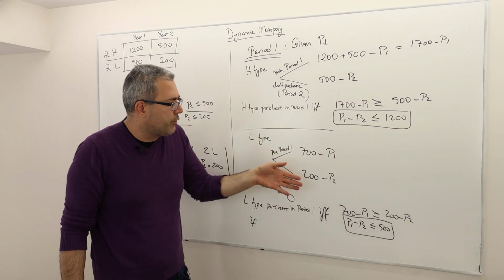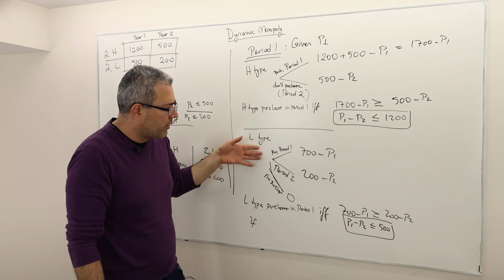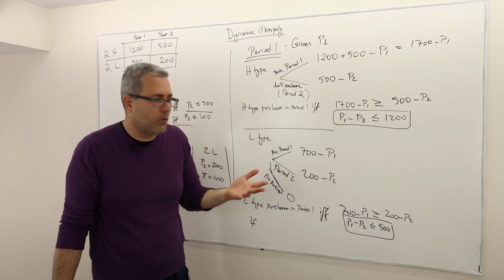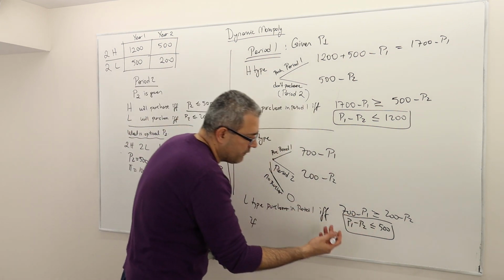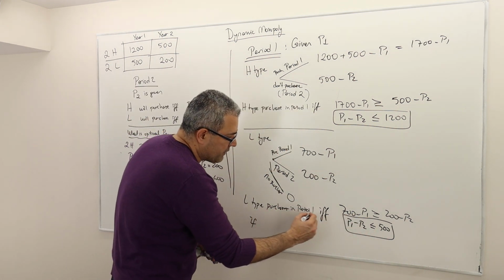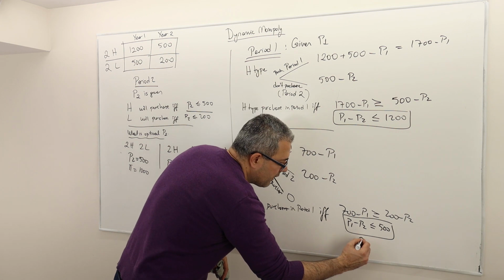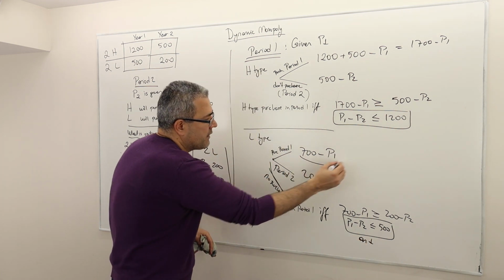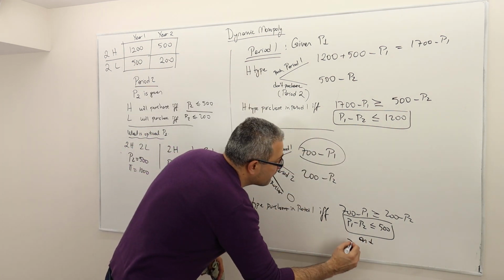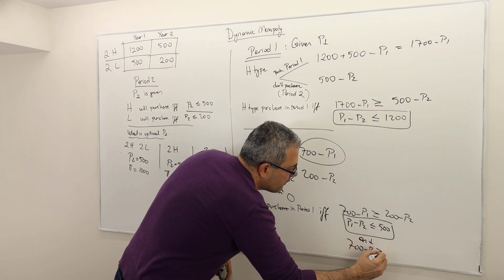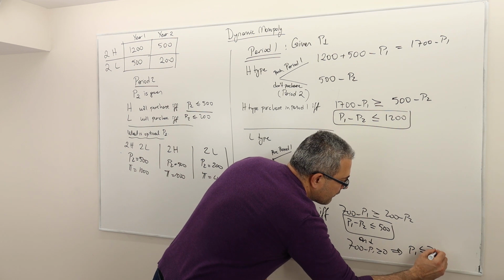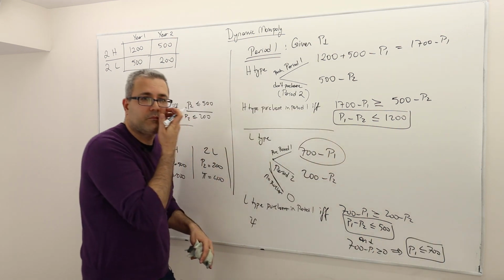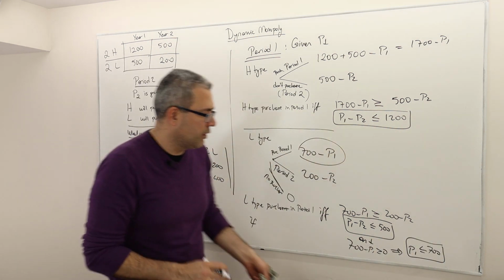He will either prefer to wait for the second period or not purchase it at all. But we should also consider the following: the L type purchases in period 1 if and only if this holds and obviously 700 minus P1 is greater than 0, so P1 is less than or equal to 700. Is that clear? Good.